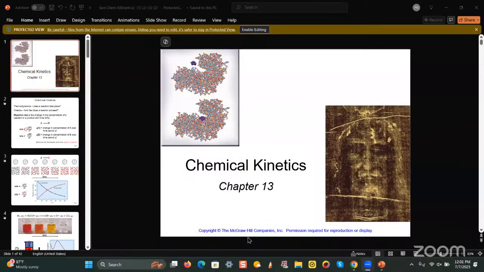Okay, so we're going to continue our discussion of kinetics. Let me just share my screen here. If I remember correctly, the last thing we discussed was first order reactions.